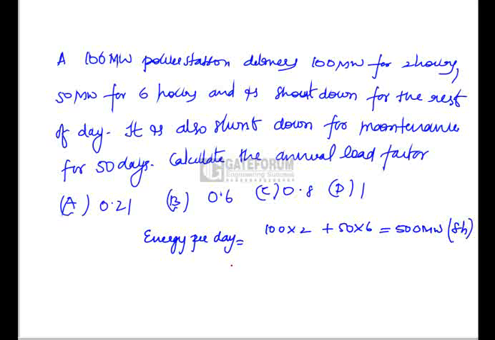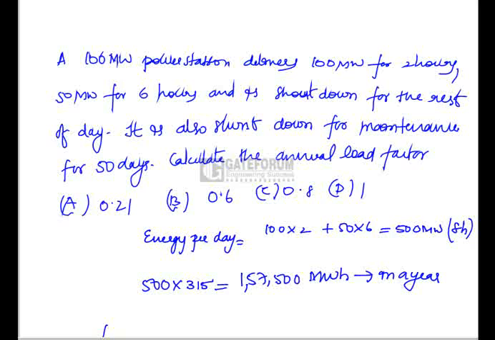Okay. Now what is energy supplied per annum? 500 into, since 50 days are used for maintenance, the remaining days are 315 days. So 500 into 315, which is equal to 1,57,500 megawatt hour. This is the total energy delivered in a year.